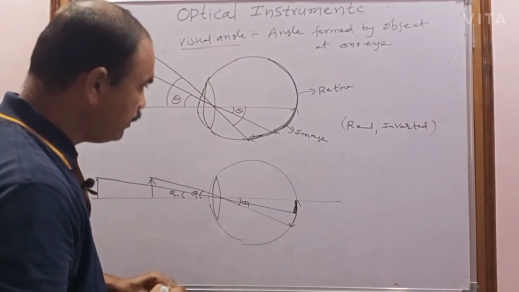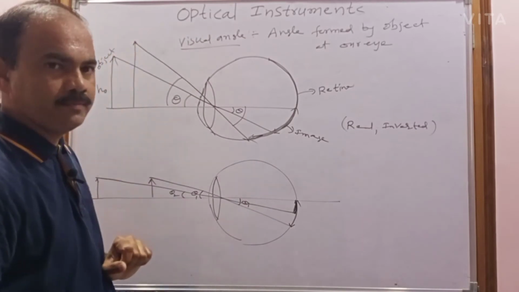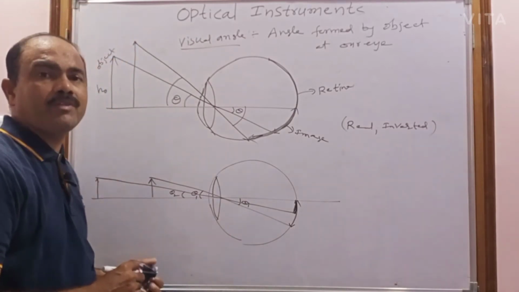Now what is happening? This visual angle depends on the height of the object and as well as the distance of the object.